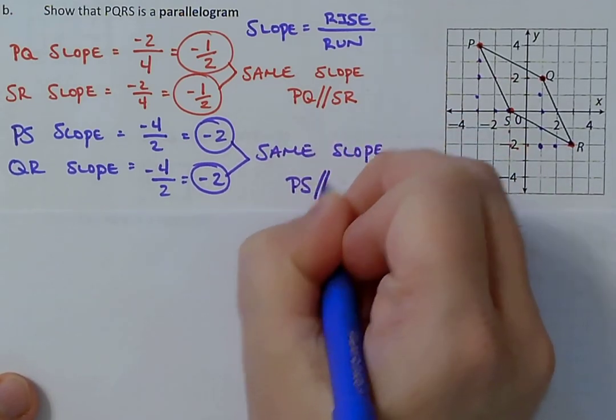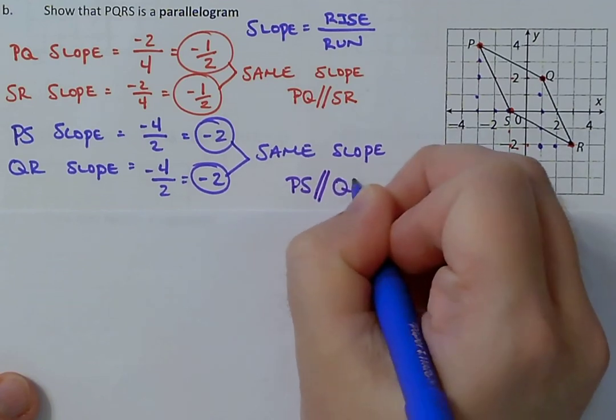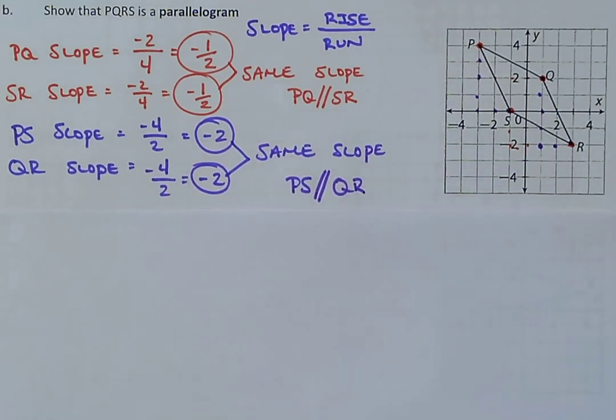So PS is parallel to QR, thus telling us that PQRS is a parallelogram because the opposite sides are parallel to each other, and we have two sets of parallel sides. Trapezoid only requires one. Parallelogram requires two sets. So that is how you do example 1.